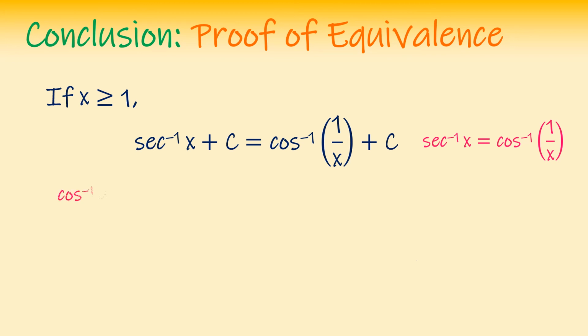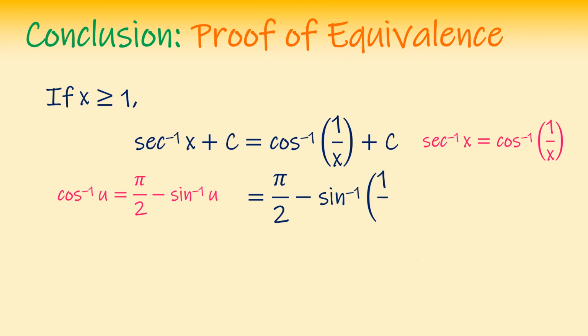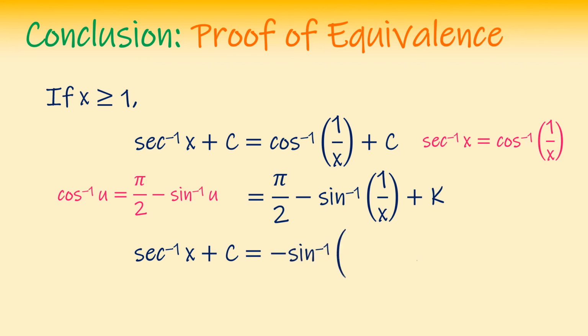Convert inverse cosine to inverse sine. Hence, the inverse secant of x plus c is equal to the negative inverse sine of 1 over x plus c, which is the answer of solution 2.